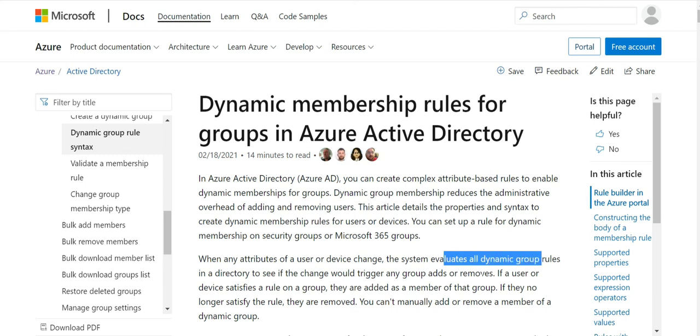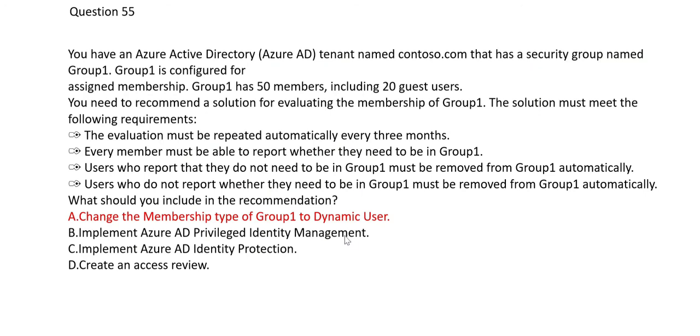So based on one change, the system will automatically evaluate whether the impact of the change will happen or not. So for me, A is the answer, but let's look at other options. I have clearly established D is not an answer because I compared D with A and showed you why A is the best fit here.